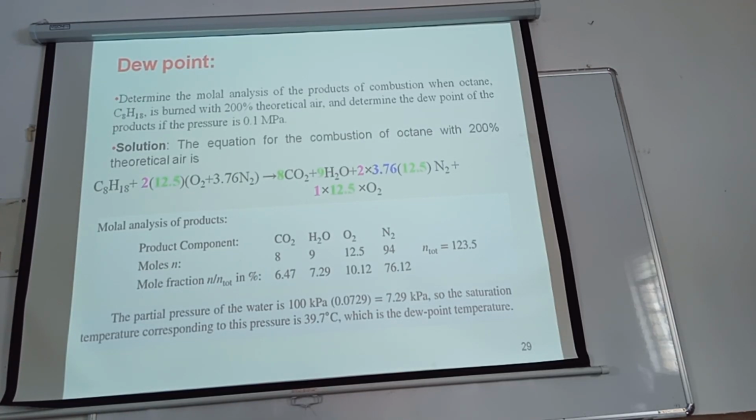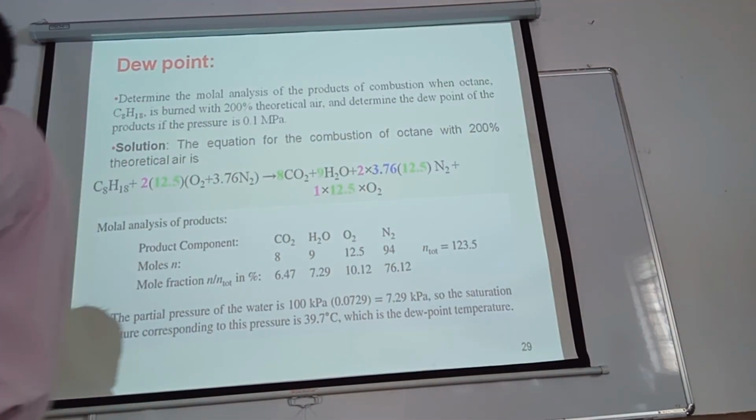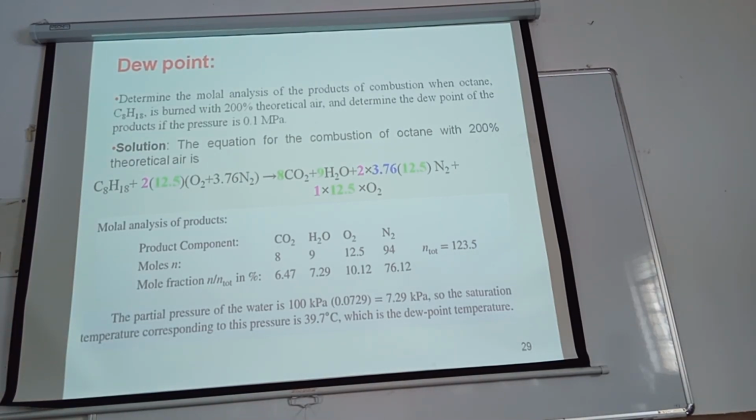So dew point means basically when you have some moisture in the mixture, when you cool it, reducing the temperature, at a particular temperature the moisture will make the mixture saturated with the present moisture.